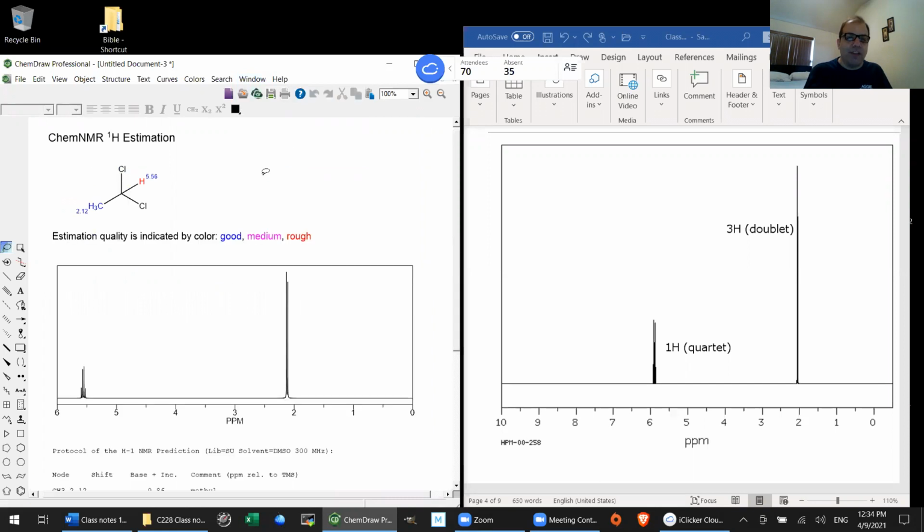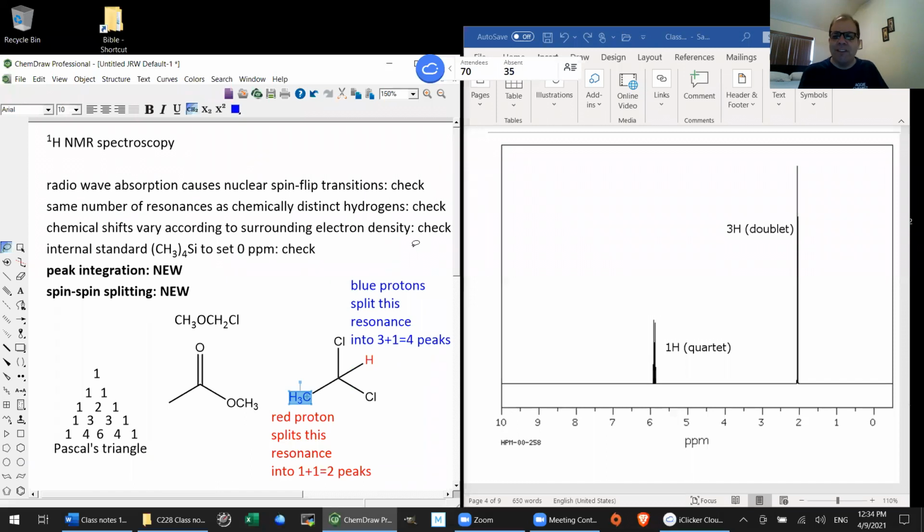Yeah, and that's so much nicer. You can easily see that it's a doublet and a quartet. I would probably still put D and Q for doublet and quartet, but those are sometimes neater. I don't think they're using a very modern instrument for the spectra that they have on that one website. Good, so we'll do at least another couple examples of this. But that's the nature of spin-spin splitting.